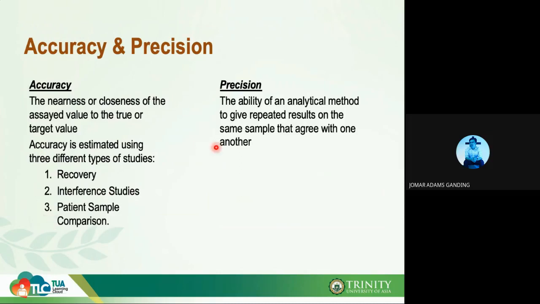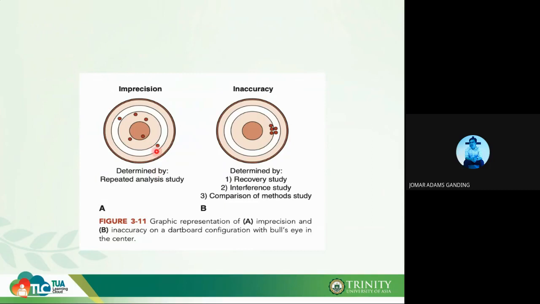Precision, on the other hand, is the ability of an analytical method to give repeated results on the same sample that agree with one another. If we would illustrate this, this is an example of imprecision and inaccuracy.